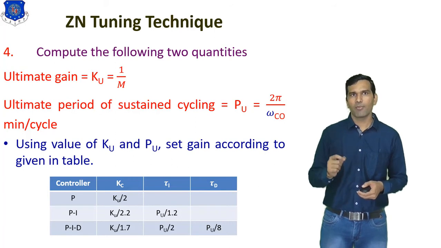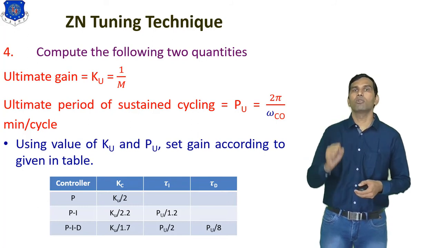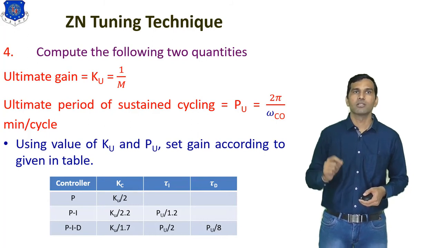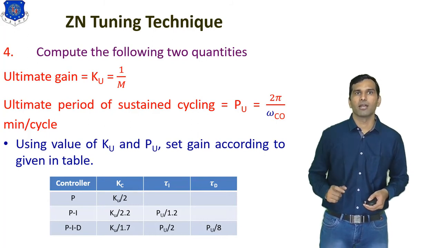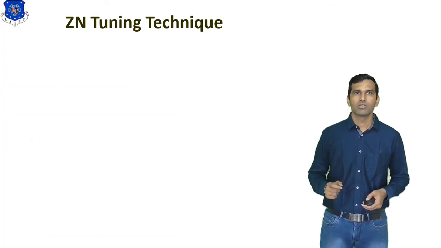So these are the steps to get the values of Kp, Kd and Ki. This second method of tuning is called ZN tuning, the Ziegler-Nichols tuning method. Now we have completed this method.